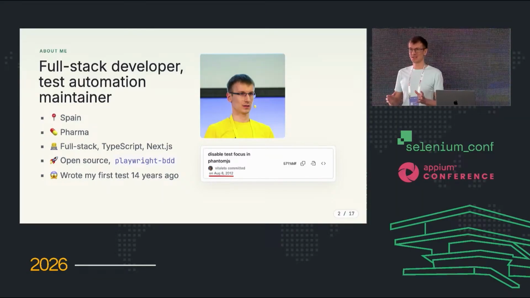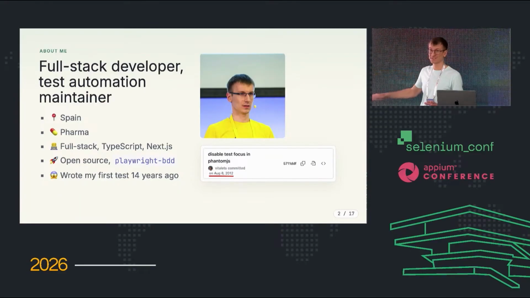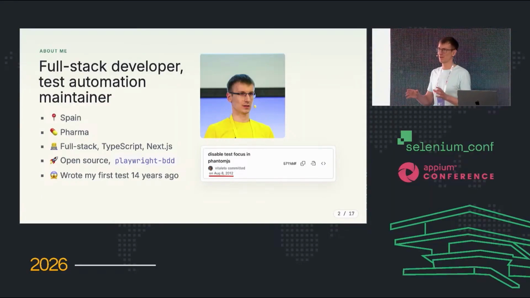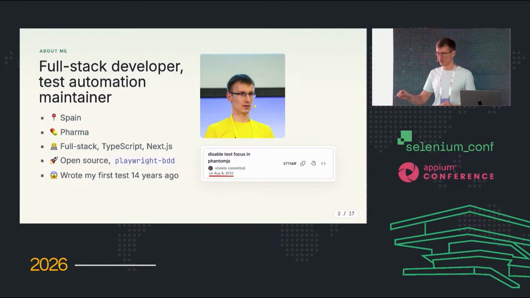And during the preparation for this talk, I was curious, when did I write my first test? I scrolled GitHub history and found this commit made 14 years ago. The testing landscape then was absolutely different from what we have now. Selenium existed, but there was Phantom.js, which was the trending tool for headless browser automation.